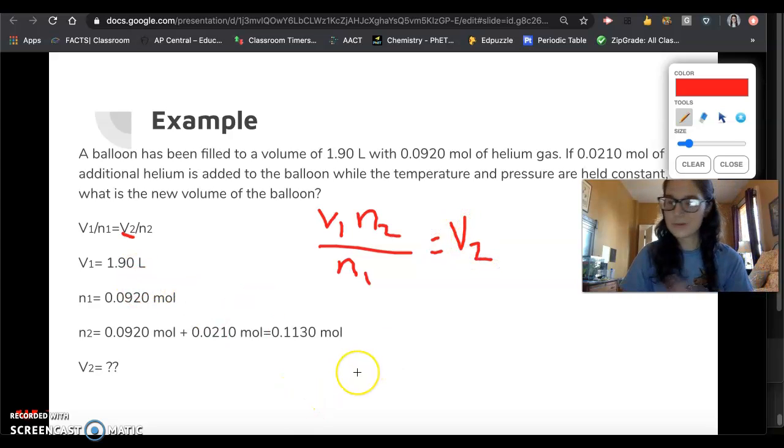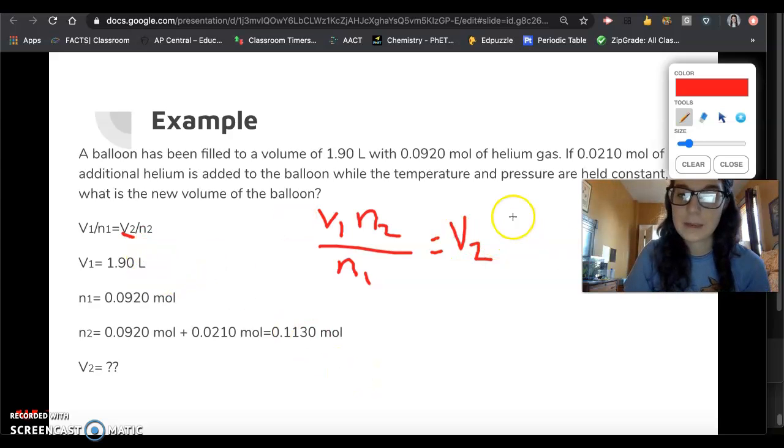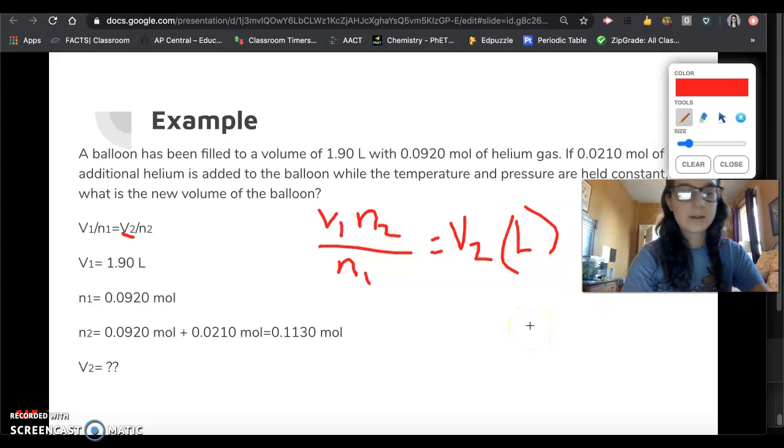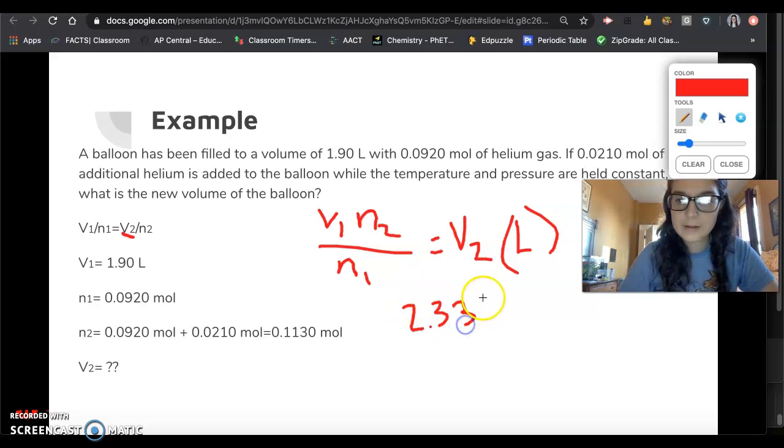For units, moles are moles. That unit is the same, and our volume is going to end up being liters because our initial volume is in liters. So I'm going to take our original volume, 1.9, multiply by your second total number of moles, 0.1130, divide by the initial number of moles, 0.092, and we find that the new volume, V2, is 2.33 liters.